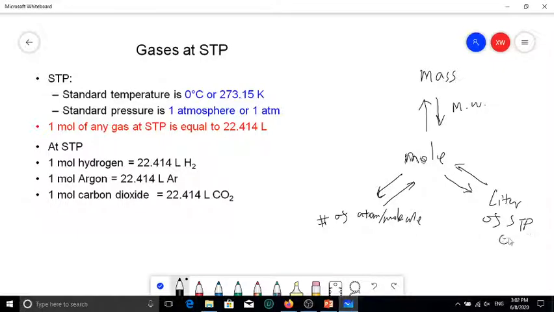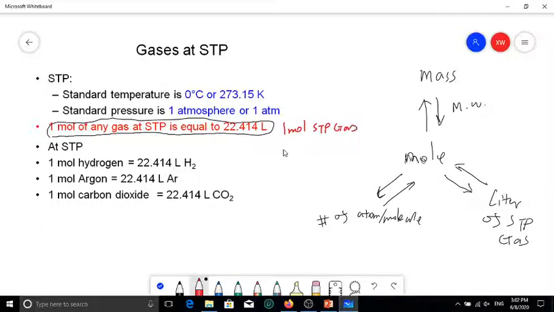So the relationship between the STP gas and the mole concept here is this. Every 1 mole of any gas at STP is equal to 22.414 liters. Or you can write it as 1 mole STP gas equals 22.414, I'm sorry, not mole, liters.